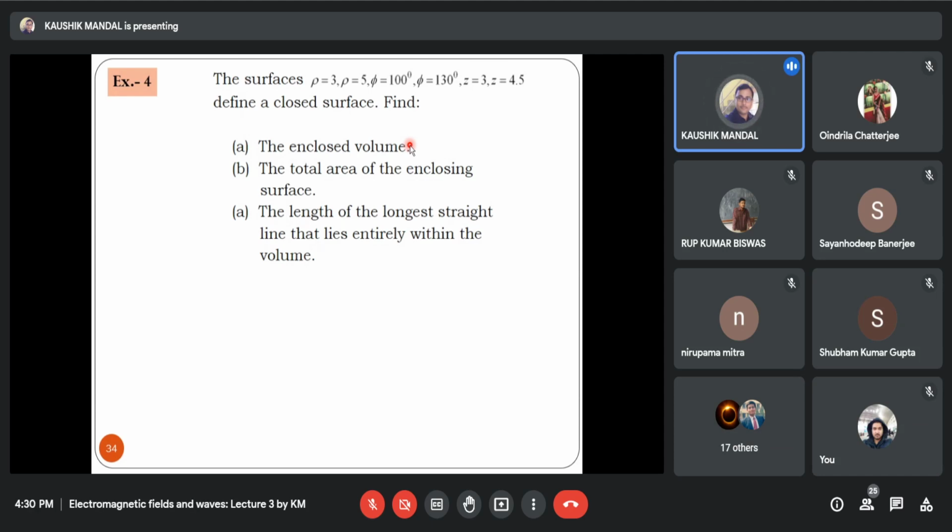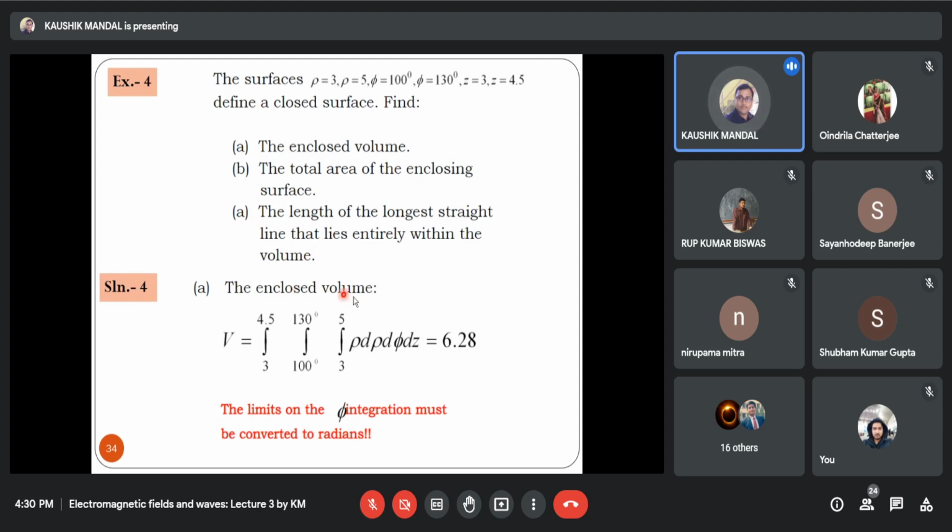That means if you consider two containers with two different dimensions, the volume in between the two containers you have to find out. Then the total area of the enclosing surface, and the length of the longest straight line that lies entirely within the volume, one by one.